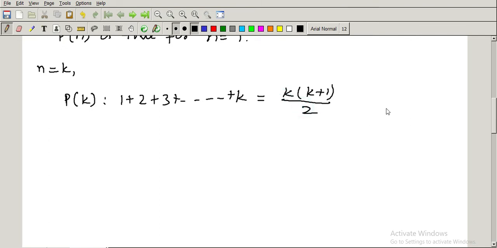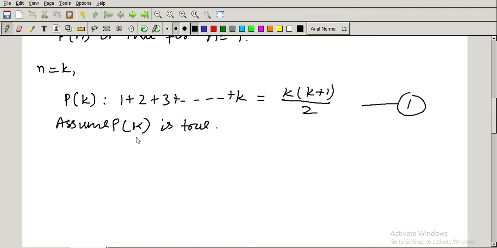Okay, let me write this equation as well. So assume this is true, right? Assume Pk is true. Or we can say for n is equal to k, it is assumed.